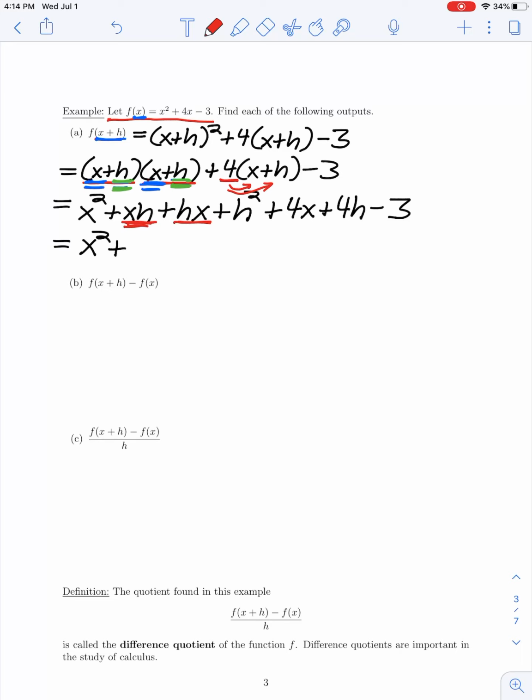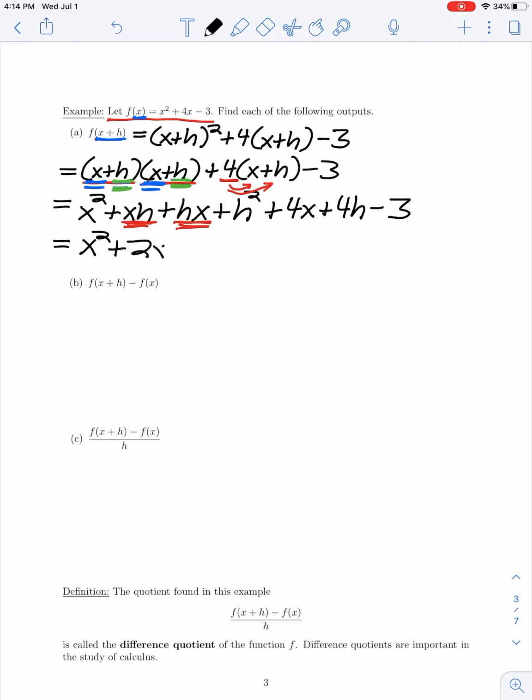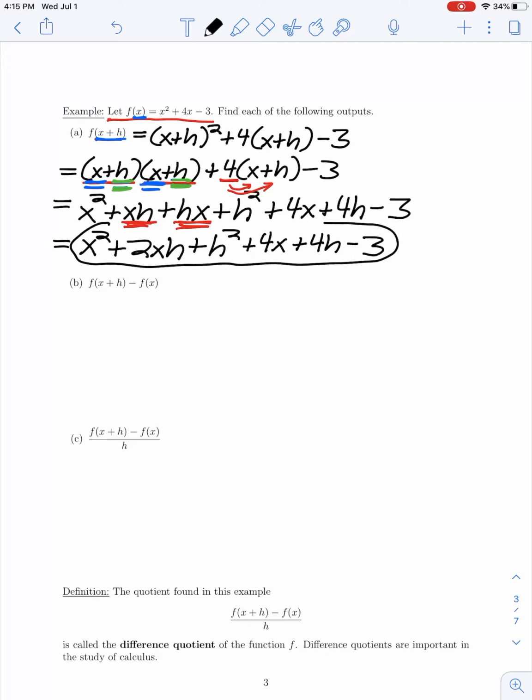So if I'm adding those two values to each other, I have 2 times xh plus my next term was h squared plus 4x plus 4h minus 3. So finally, by expanding and grouping like terms, we have the following expression.